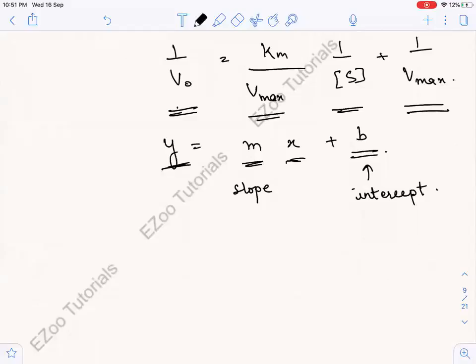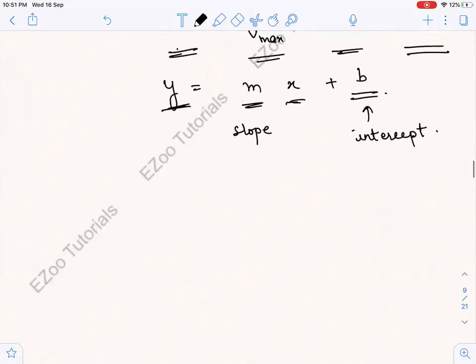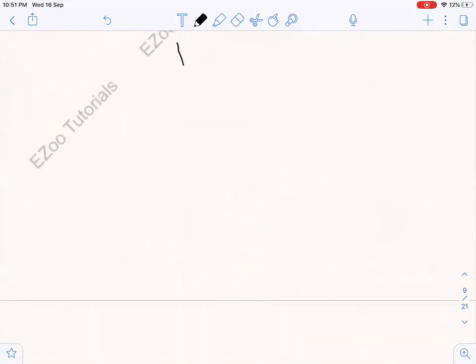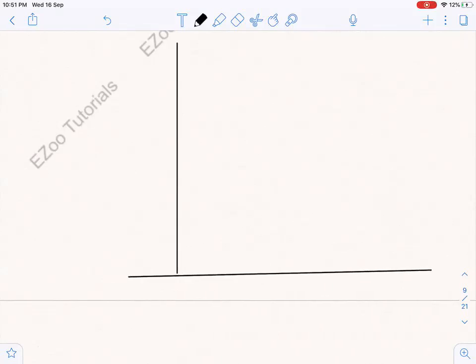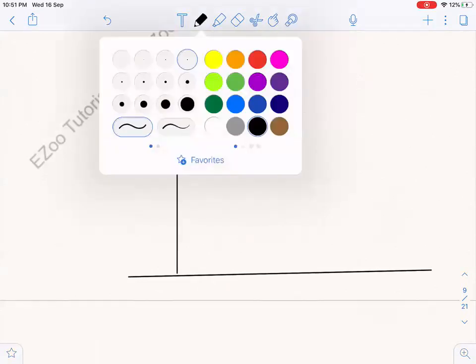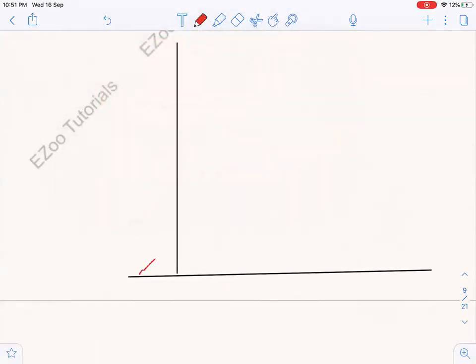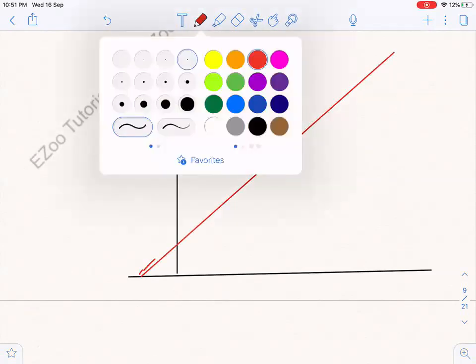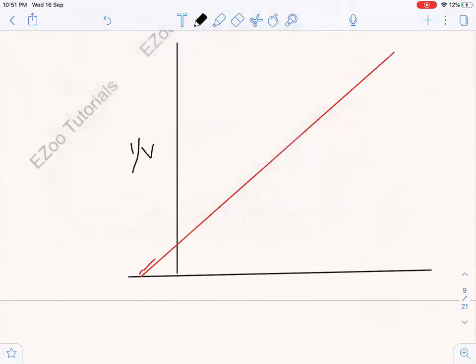Now when we plot this, let us see. The kind of plot you'll get will be like this, right? And this is 1 by v, this is minus 1 upon Km, and this is 1 upon substrate concentration, right?